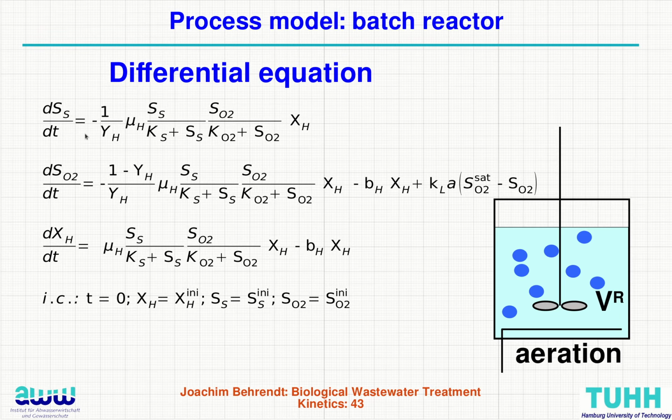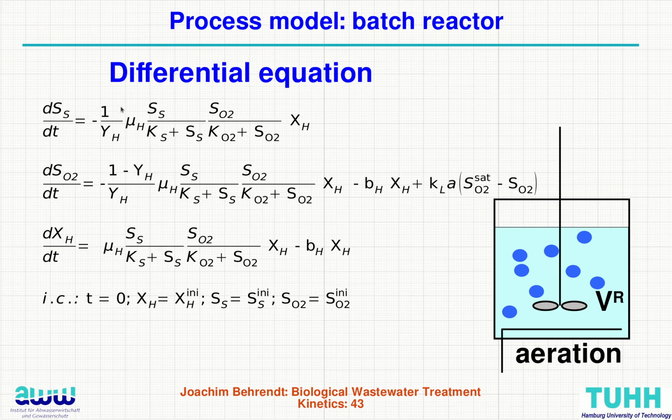Then we can use that the accumulation is equal to the reaction. Besides the oxygen, there is a transport through the boundary layers. But finally, this is multiplied with the reaction.